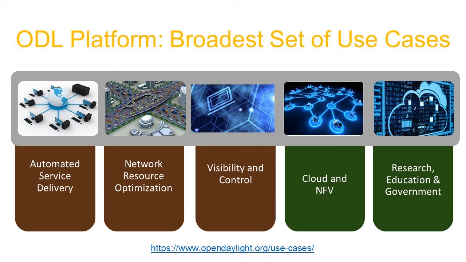The third use case that we see people adopting is visibility and control. This is really the starter use case for people that want to get involved in SDN but aren't interested in re-architecting their network or changing everything. OpenDaylight is essentially a very advanced NMS, a network management system, in that it speaks a huge number of southbound protocols and is able to gather a huge amount of information about your network, and also let you go out and make changes to that network based on that data.